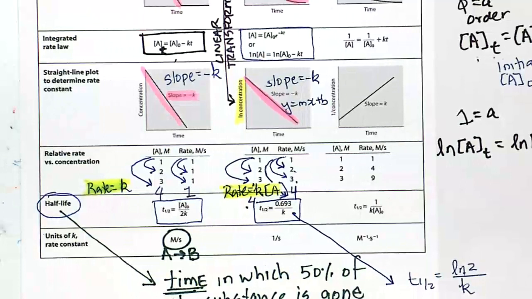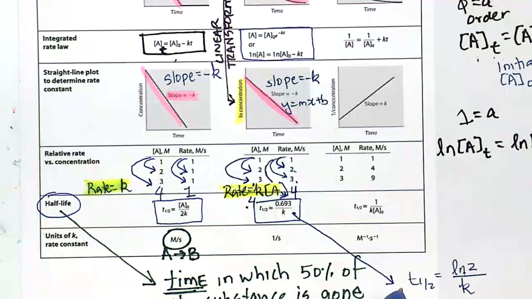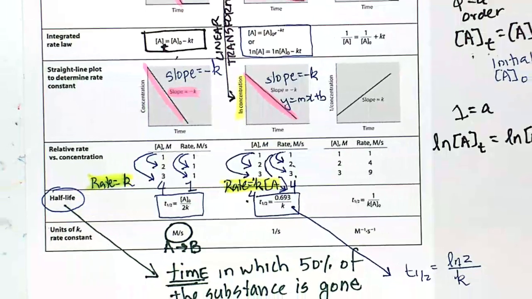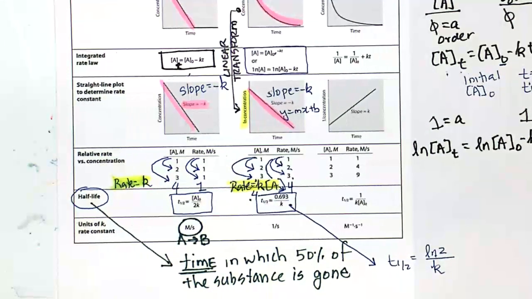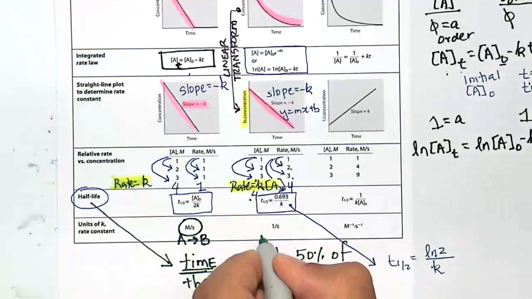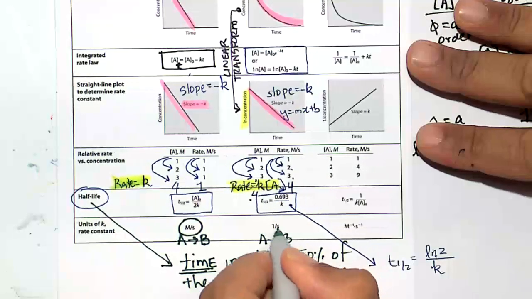And I had to convey to her that it's one and the same. Natural log of 2 over k is the same thing as 0.693 over k. And the units for this are 1 over seconds. Again, I want to reiterate that the reaction for this sheet here is A going to B.